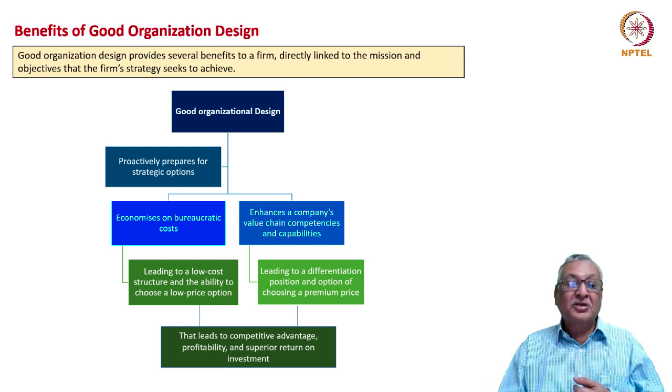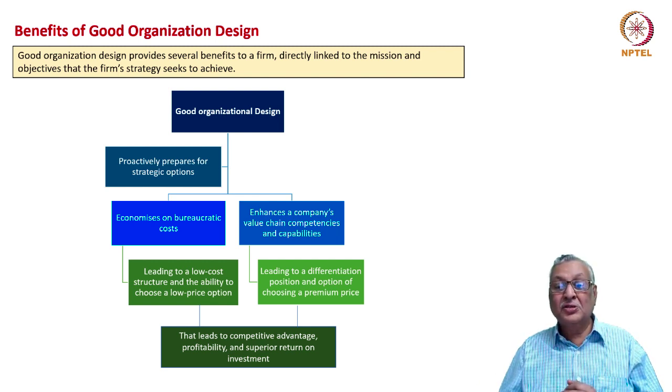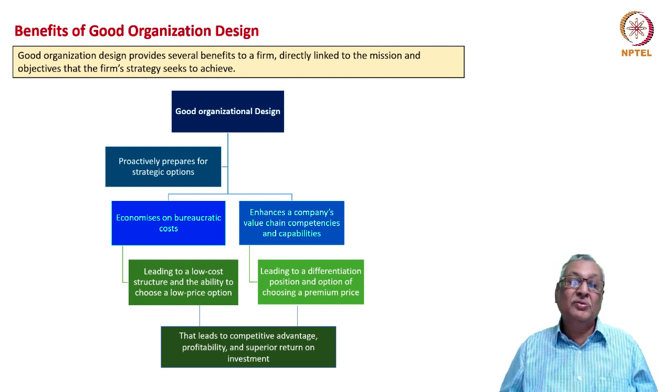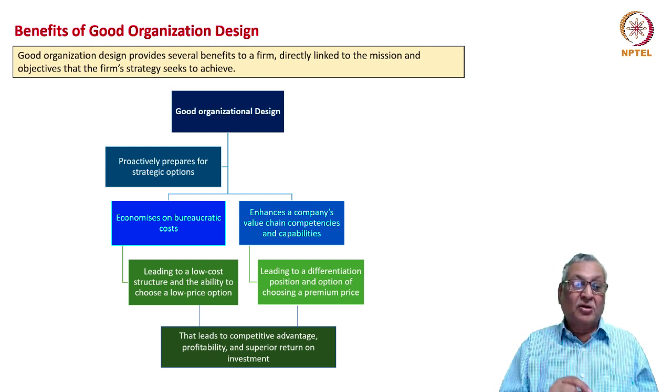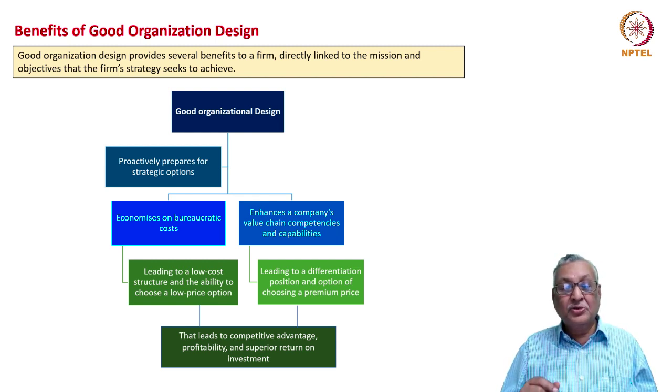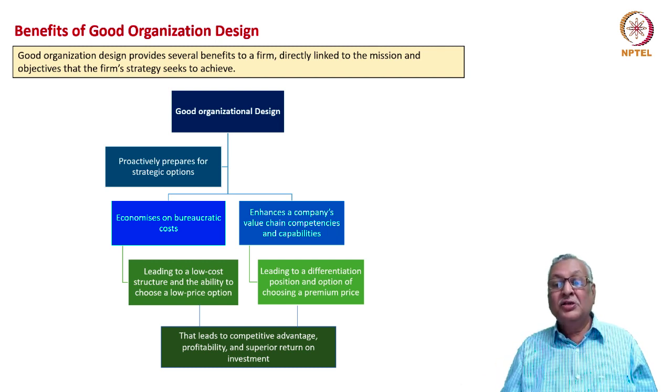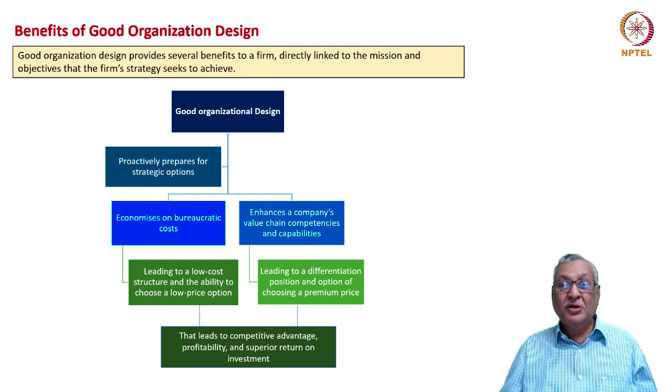A seamless organization economizes on bureaucratic costs. It enhances a value chain competency across the board. The company's value chain will be more effective, more impactful if the organizational design is good. The economies on bureaucratic costs obviously lead to a low-cost structure and the ability to choose a low-price option if it is required. The value chain enhancement or value chain improvement leads to a differentiated position which can be used productively in the organization.